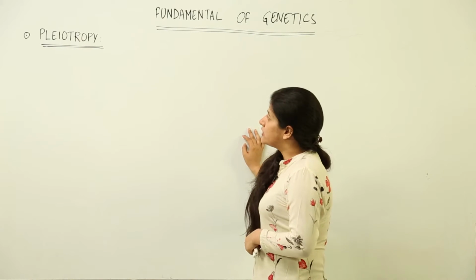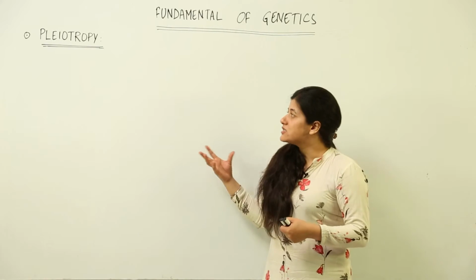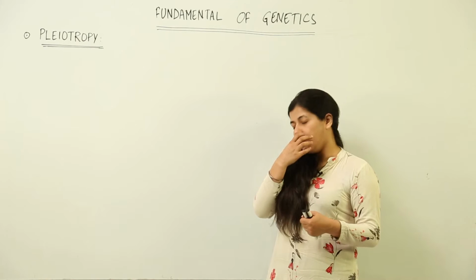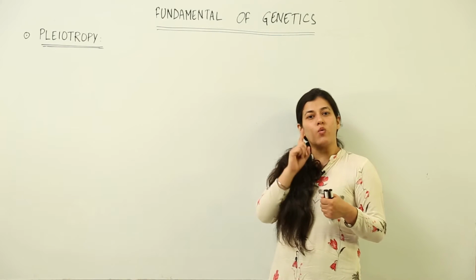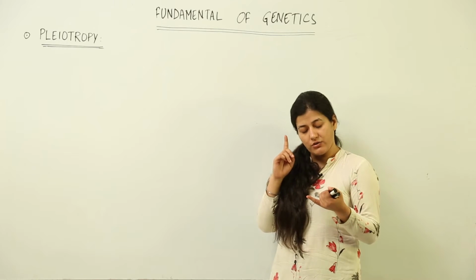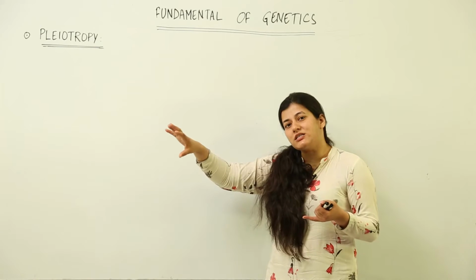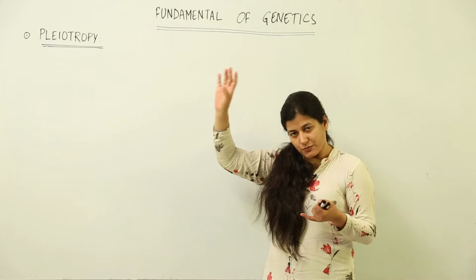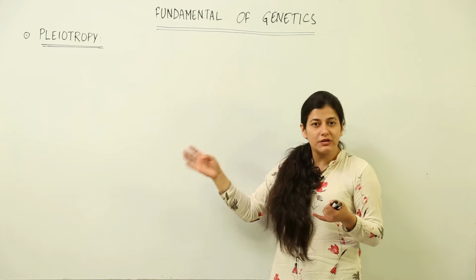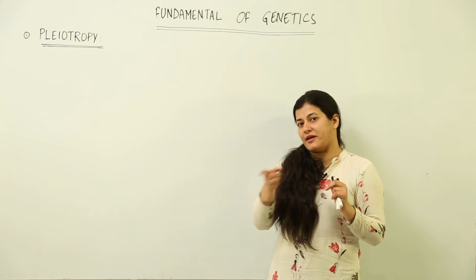Okay, so again the definition is not clear enough. What does pleiotropy actually signify? Till now we had seen that one gene is responsible for one phenotype. As if you had talked about the tall gene, it was giving the characteristics of height. Either it could be responsible for tallness or it could be responsible for being dwarf, but the character that was expressed, that was singular.